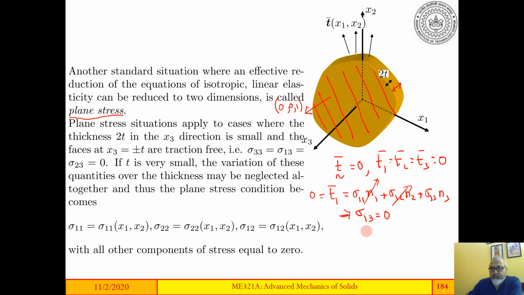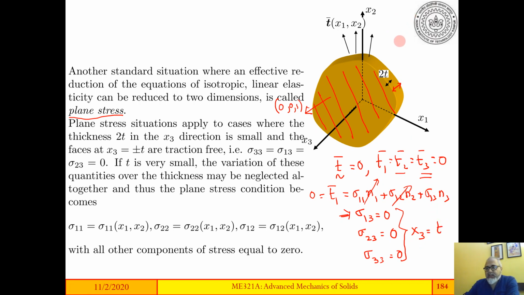If you work it out, you will see that sigma 2 3 will also be equal to 0, which you can work out from the fact that T2 bar equal to 0, and then sigma 3 3 is also equal to 0, which you can work out from the fact that T3 bar equal to 0. So these three will be equal to 0 at x3 equal to t.